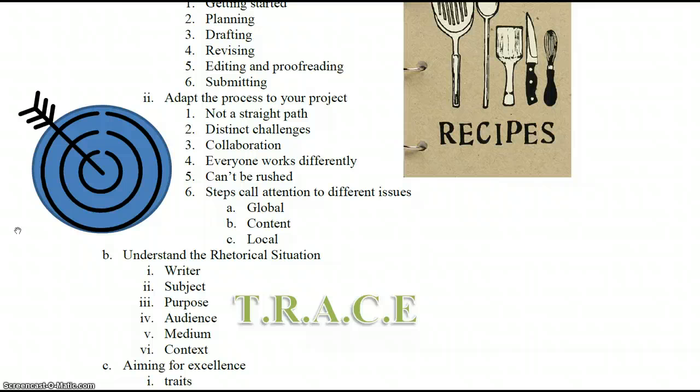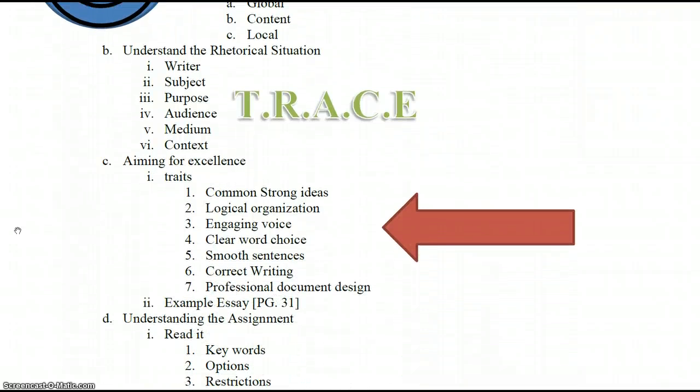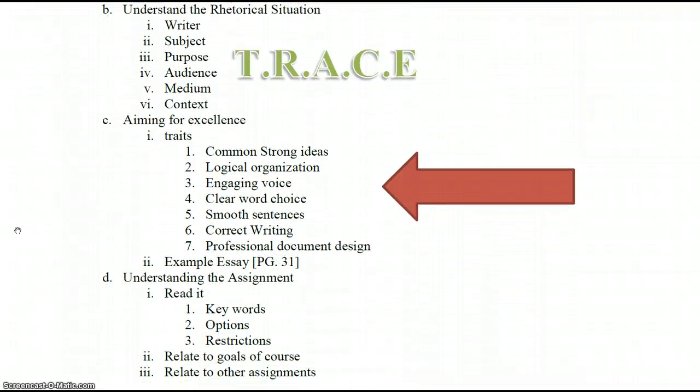Now, this is where in chapter 2 you get a really good definition of the rhetorical situation. Now, last week we mentioned the rhetorical situation, and I told you the acronym TRACE to help you understand it, which meant text, reader, author, context, and exigence. As you can see, your book has a similar formula.